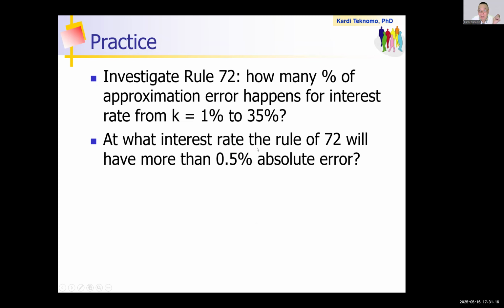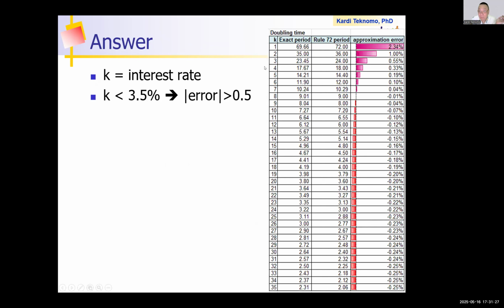The question is, at what interest rate does Rule 72 keep more than 0.5 absolute error? So I created this Excel sheet and computed it. K is the interest rate, and here is the absolute error.